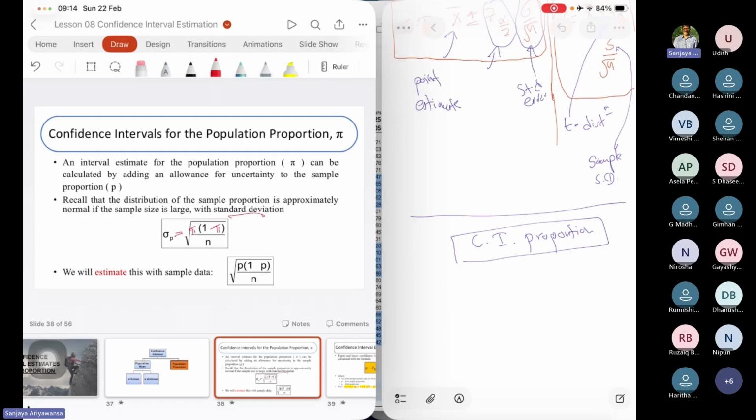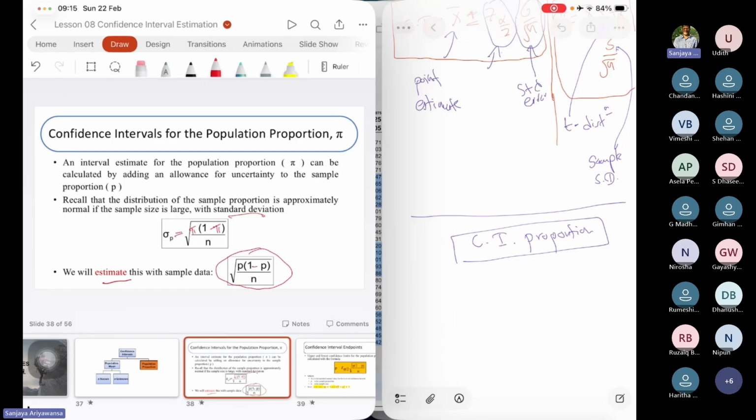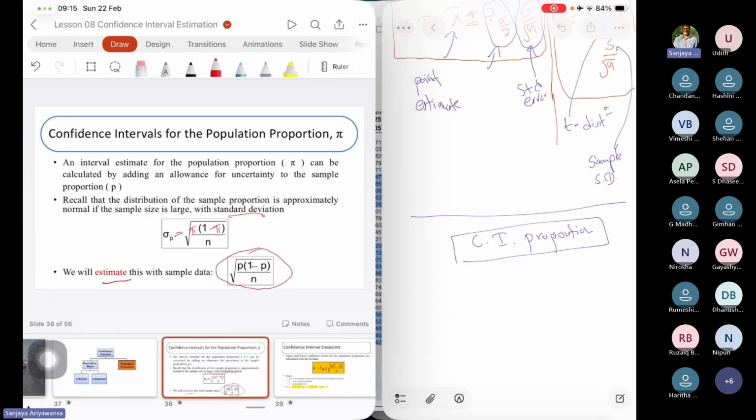I'm pretty sure it's correct when you download the presentation; it's just because on the tablet it's not shown. But we estimate this particular error using this equation, so the standard error is estimated using this equation.